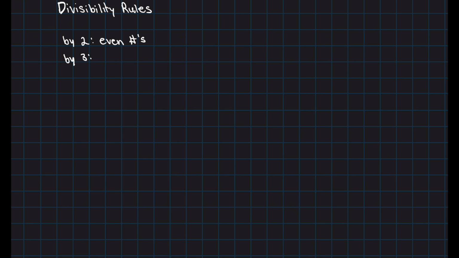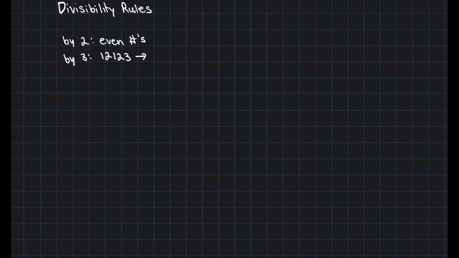By 3, however, there's actually a trick to find out if a number is divisible by 3. So obviously that's kind of easy to understand up to, let's say, the number 30 or 60. You can just do your multiplication tables and you'll figure it out. But let's say you have a big number like 12,123. For this, there's actually a trick.